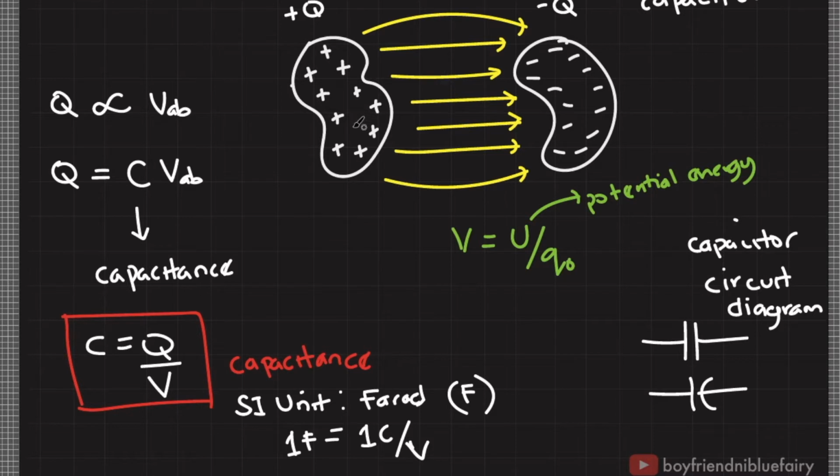So basically, if you transfer an infinitesimal amount of charge dq from this conductor, then there will be a negative dq that's going to accumulate on this side of the conductor. So basically, I can rewrite this equation as U equals QV, but if we consider the infinitesimal amount of charge that's being transferred, I can rewrite this as dU equals V dq.